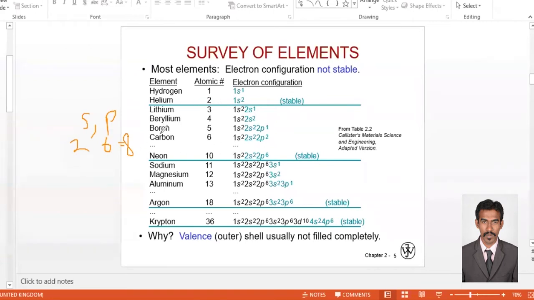Lithium, beryllium, boron, carbon, nitrogen, oxygen, fluorine, neon: these are the second orbital elements, from 3 to 10. So that is 8 elements in between.